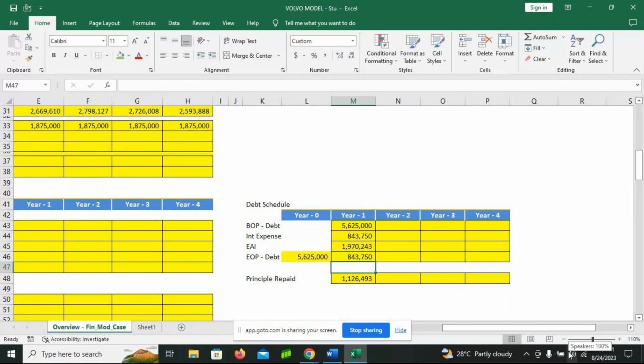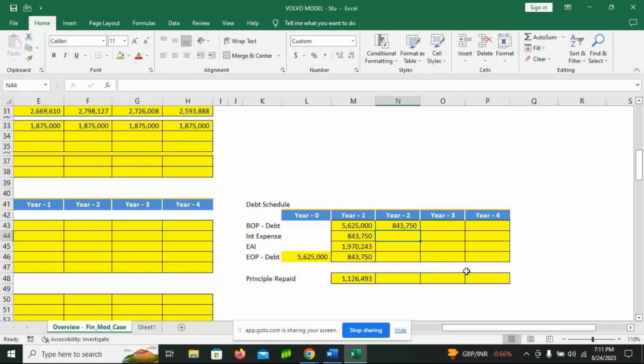So understood with this? Guys, understood? You want me to show it once again? So now equals, I'll take my loan amount.